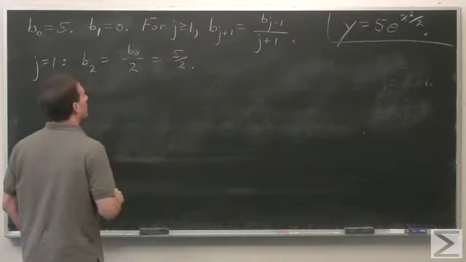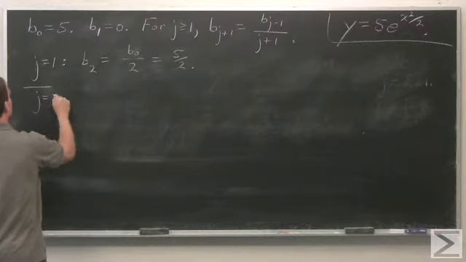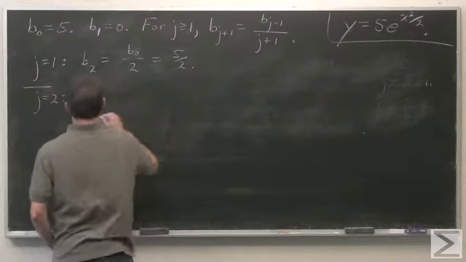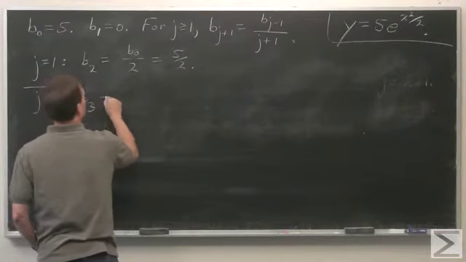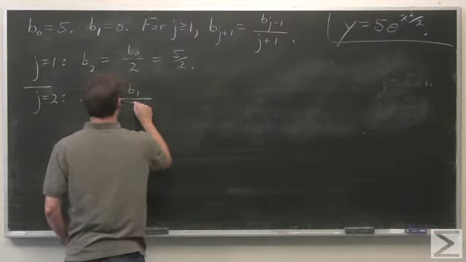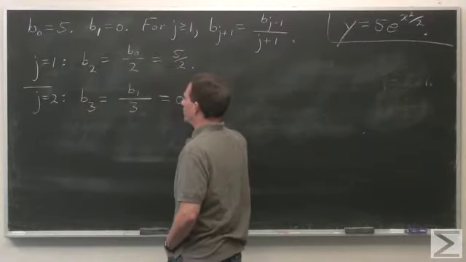When j is 2, b sub 3 equals b sub 1 over 3. But b sub 1 was 0, so this is 0.